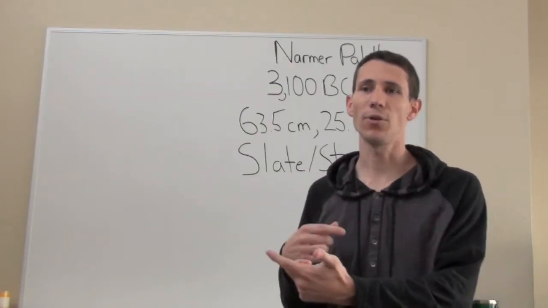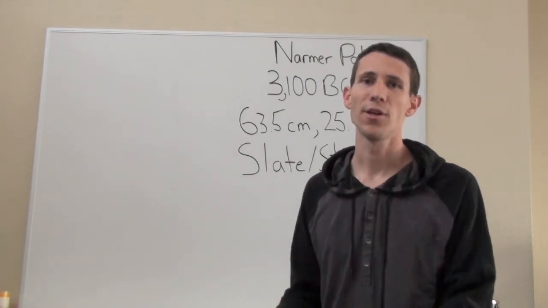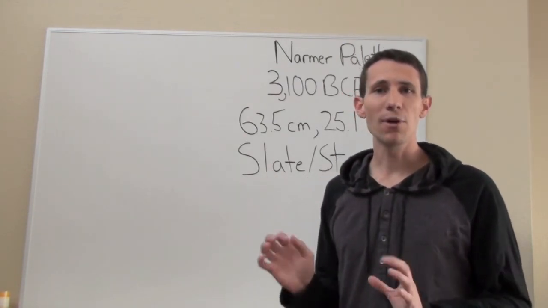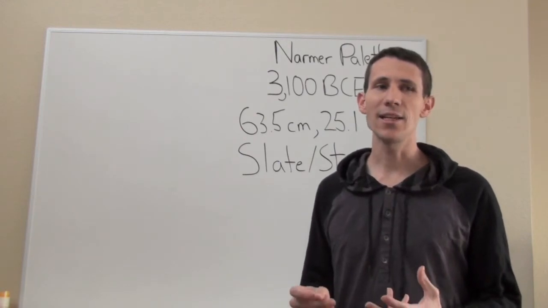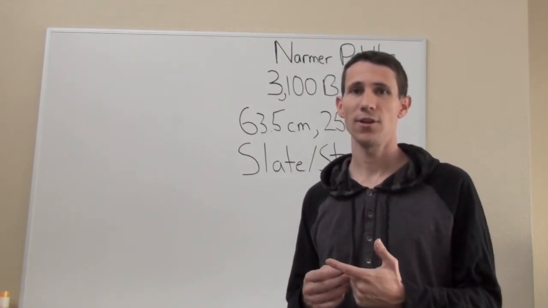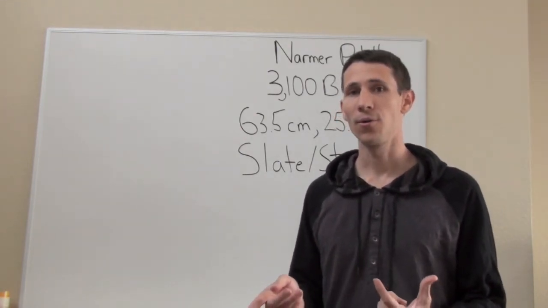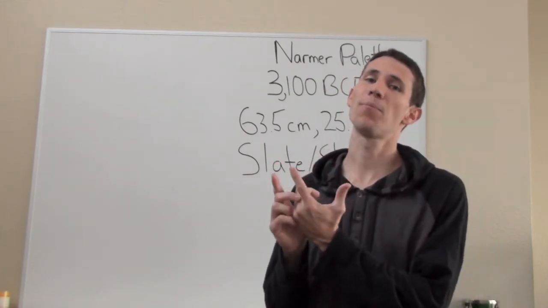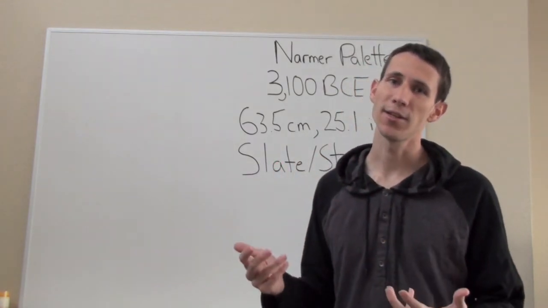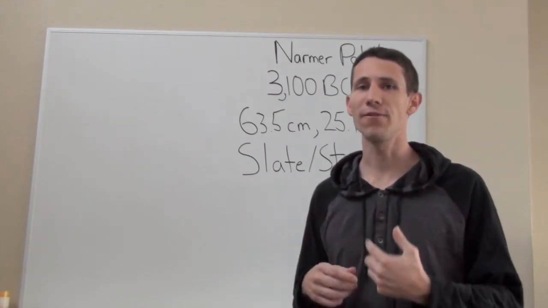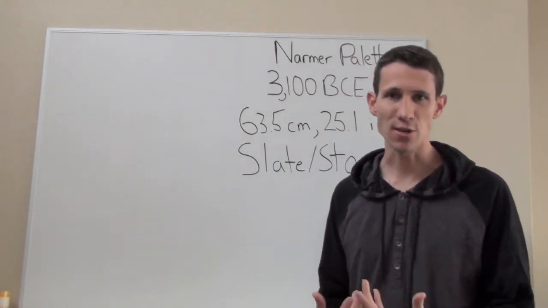So it could be an example of some cultural diffusion of ideas. But what's being represented is likely order out of chaos, a common theme, or the uniting of Upper and Lower Egypt once again. So there are different ways of reinforcing the same theme.